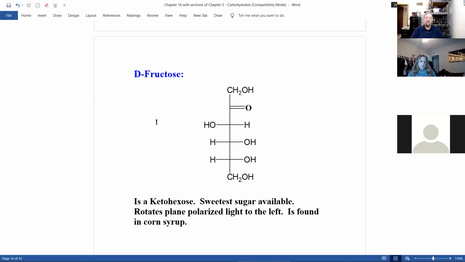Because it was cheaper than sucrose, table sugar, many of your food products now, if you look on the label, like Coca-Cola or any other sweetened pop, have high fructose corn syrup in them, because this stuff is super sweet, much stronger than table sugar, sucrose.